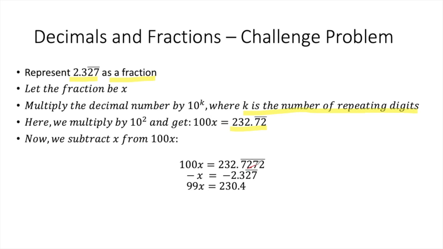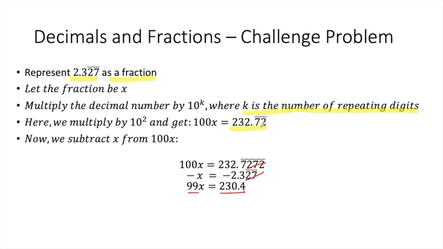So this part is cut, and this part is cut, and everything after it, and thus we are left with 99x is equal to 230.4, since 232.7 minus 2.3 is 230.4.